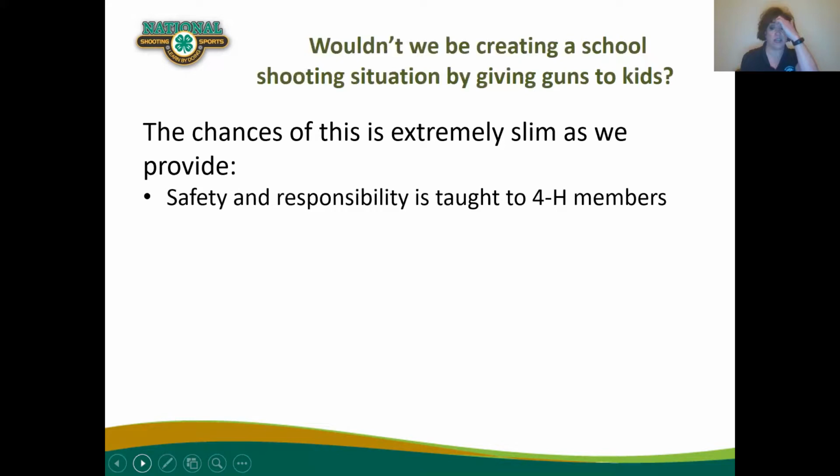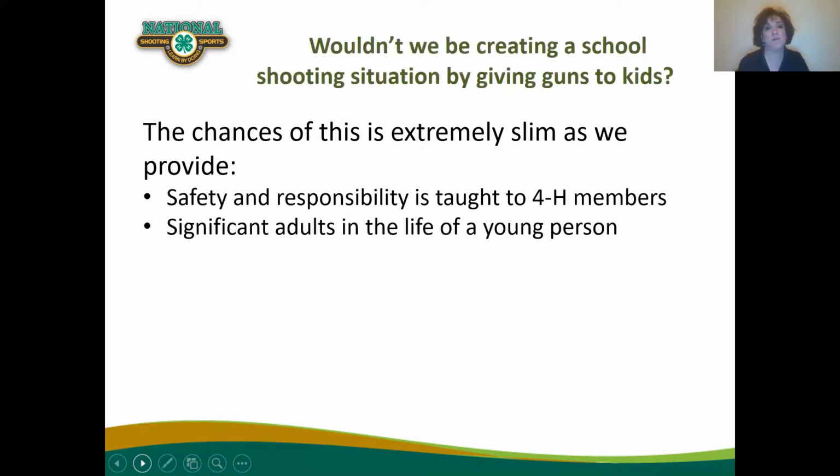First and foremost, safety is the main driver of the 4-H shooting sports program. Next, we place a significant adult in the lives of 4-H members. That significant adult could be a parent or an adult volunteer leader.